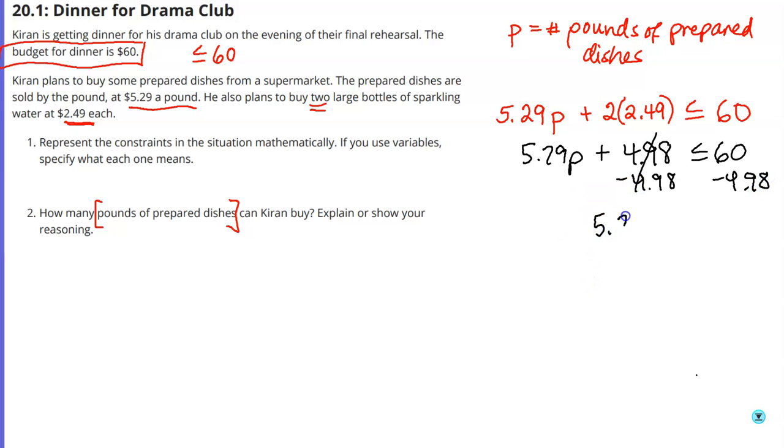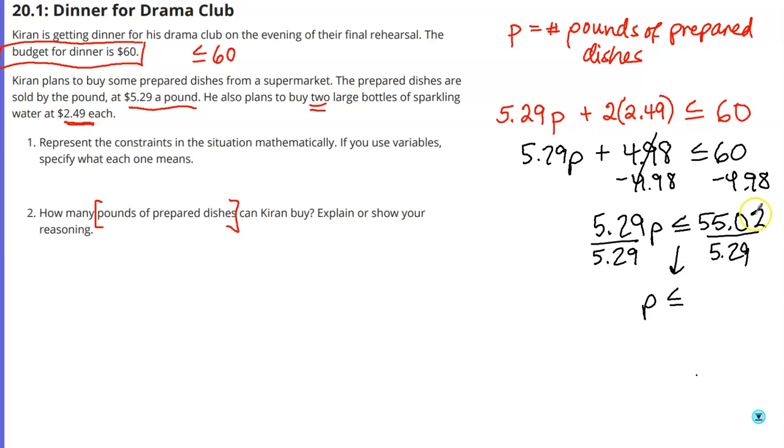So I have $5.29 per pound, less than or equal to, then I have to do 60 minus the 4.98, which leaves me with 55.02. And then the last thing I would do to solve is to divide by 5.29. You're just dividing by that multiplier. So then I didn't divide by a negative, so my inequality stays the same.